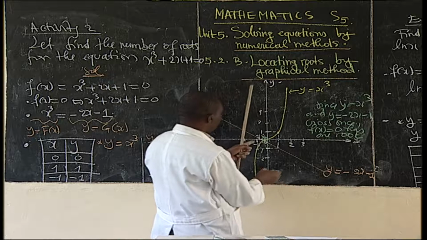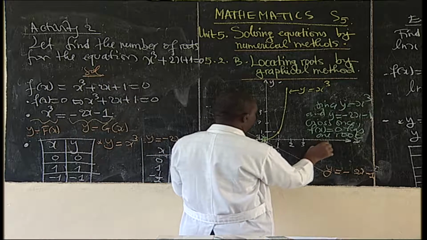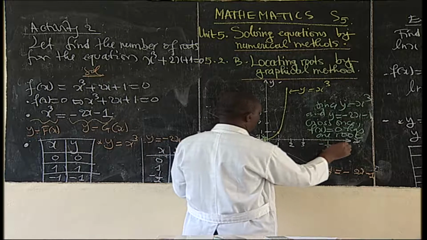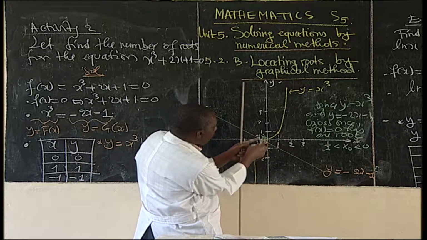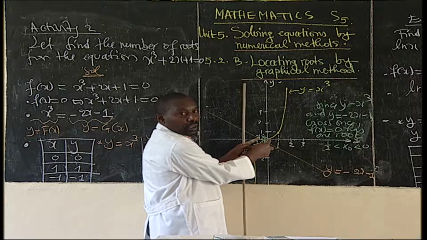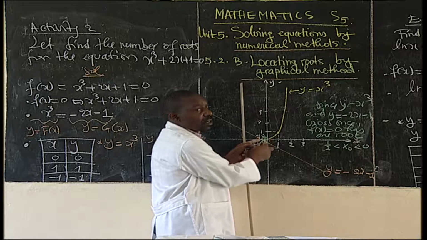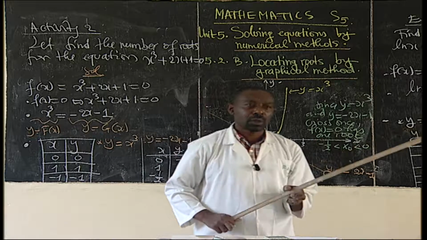And the root, negative half less than x naught less than 0, is lying between negative half and 0. Is that difficult? I think no. It's very simple. Okay?